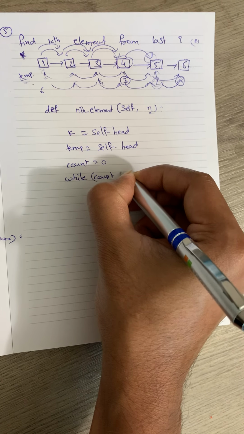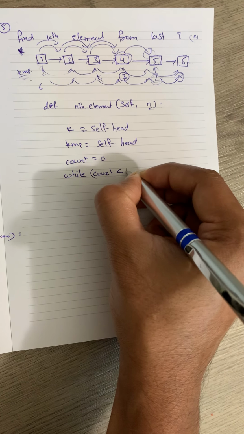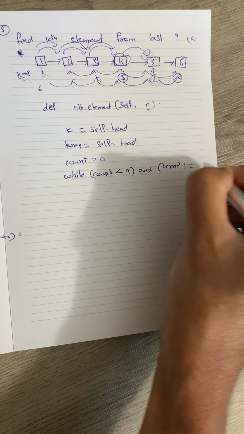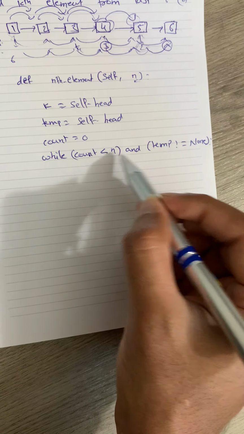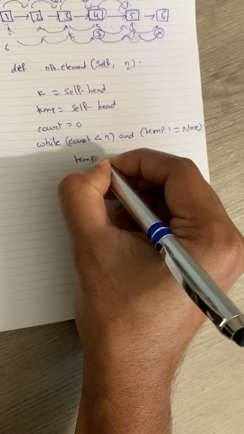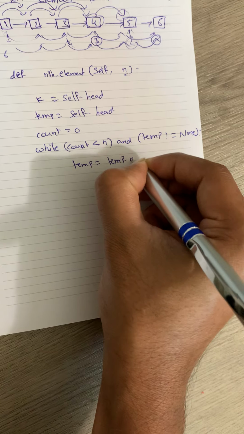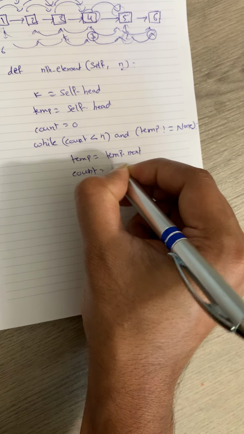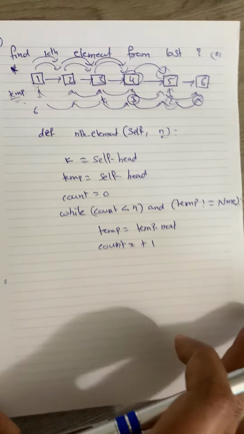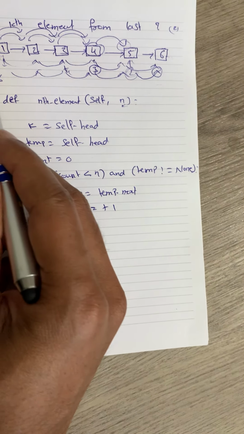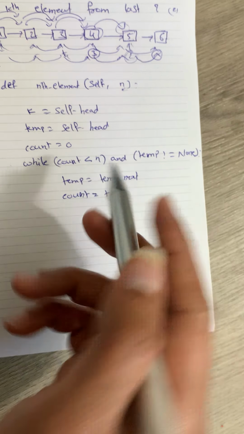While count is less than n and temp is not equal to none, if it meets both conditions, then I will move the temporary variable one more, temp equal to temp dot next, and I will also increase the counter, count equal to count plus 1. So this first while loop will take care of moving the temporary variable to the nth position.